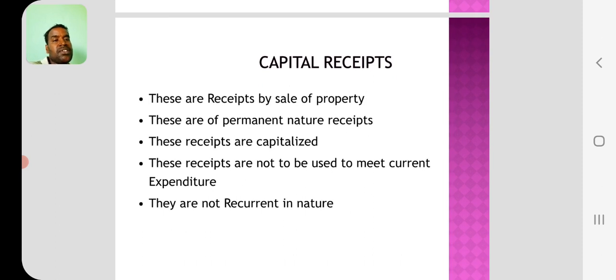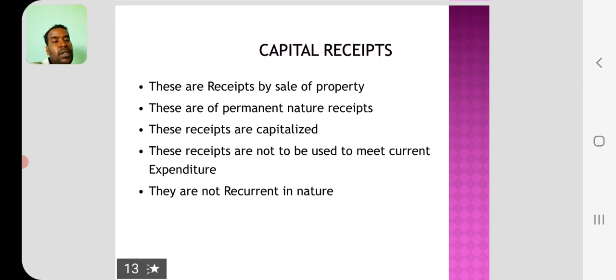These are receipts by sale of property. In the case of capital expenditure, we are purchasing, meaning cash is going outside. In the case of capital receipts, income is coming from outside, meaning selling the property.